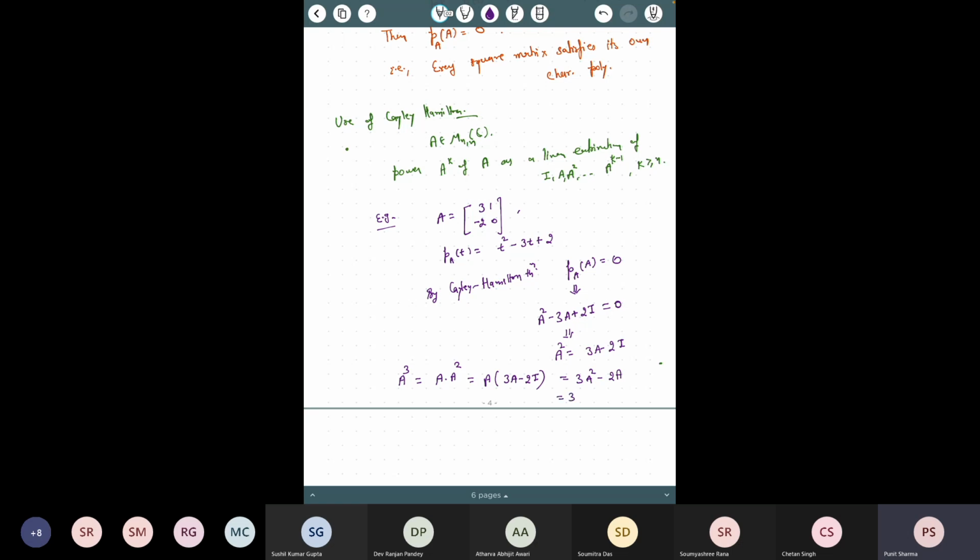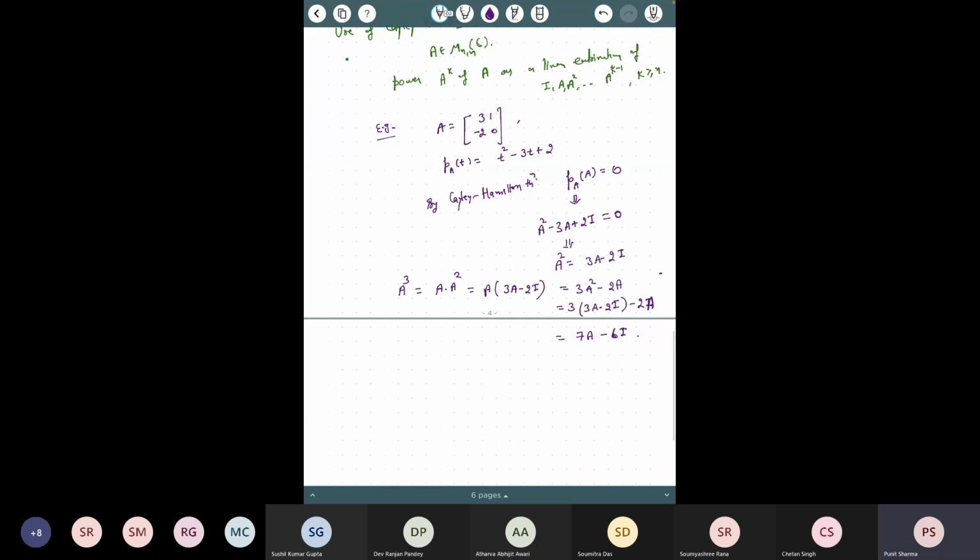But then again I know A square is 3A minus 2I. So if you do the calculation, it is 7A minus 6I. So this is your A cube. You can write A cube as a linear combination of I and A.